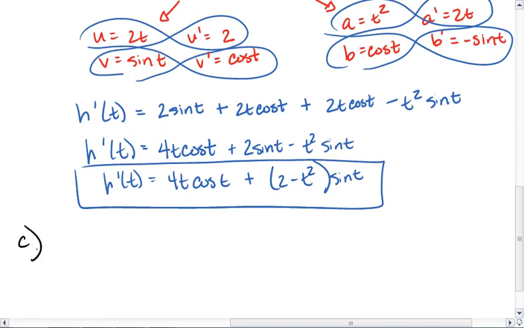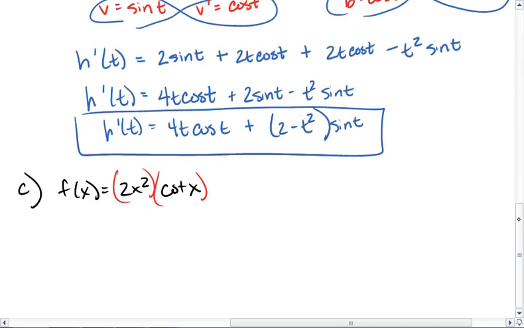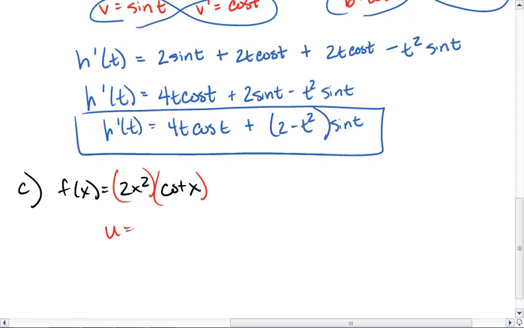Okay, for part C, we're looking at f of x equals 2x squared cotangent x. Again, I see that I have multiplication going on here, so we'll use the product rule.